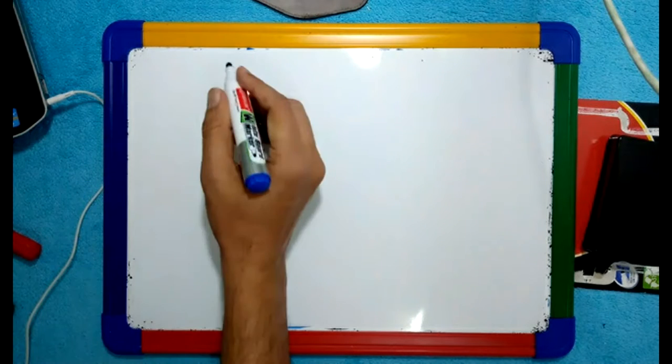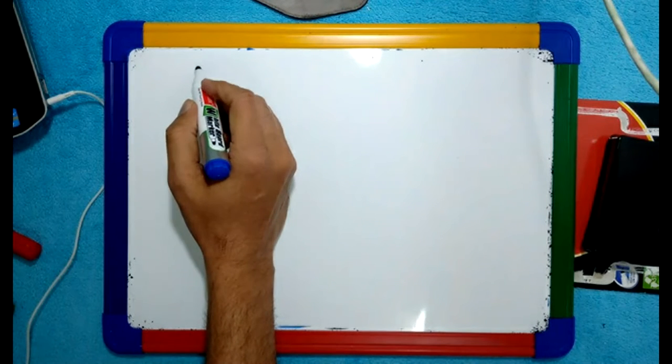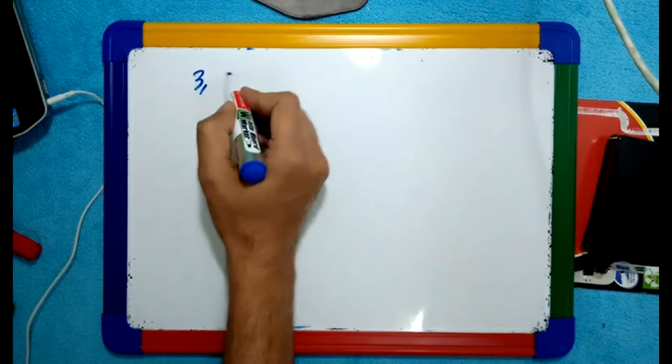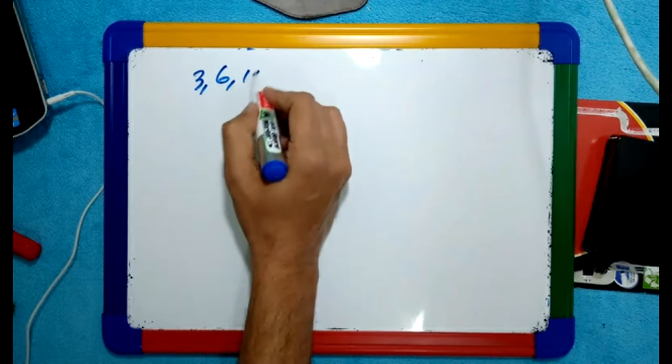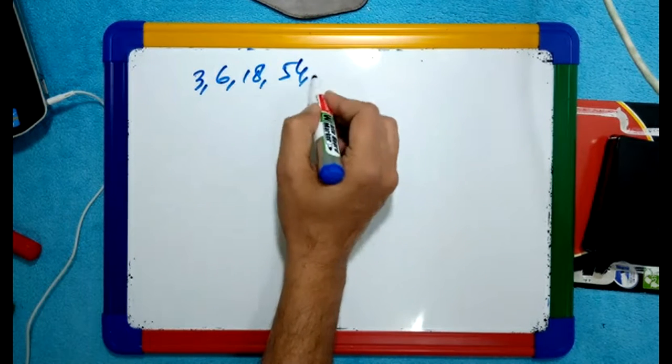If I say 3, 6, 18, 54, this one is a geometric sequence.